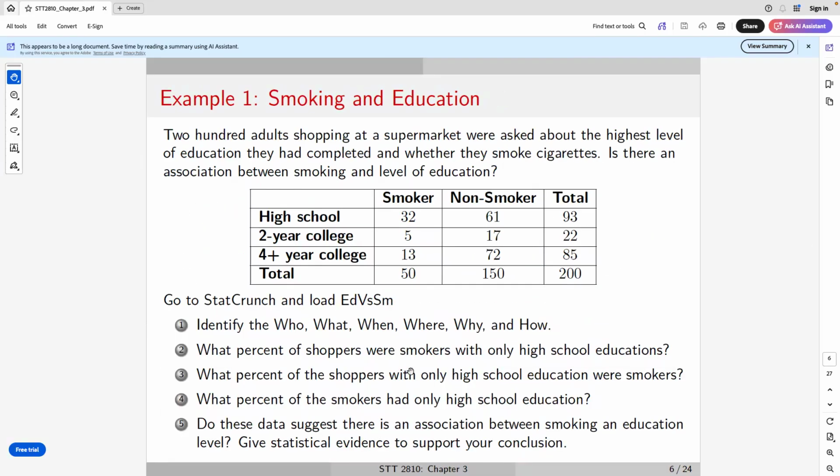The other thing I want us to do is that now we have learned how to represent categorical variables using pictures or graphs. Is there a way we can also represent this contingency table using a graph?